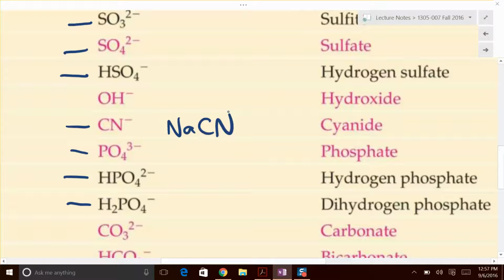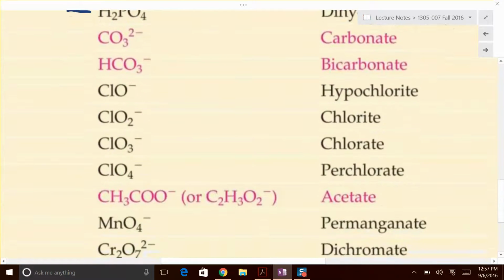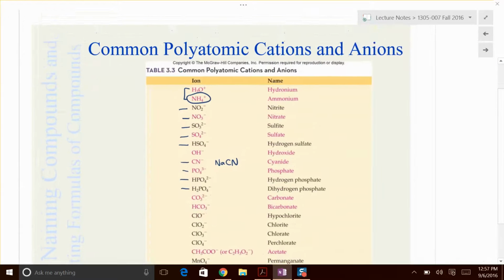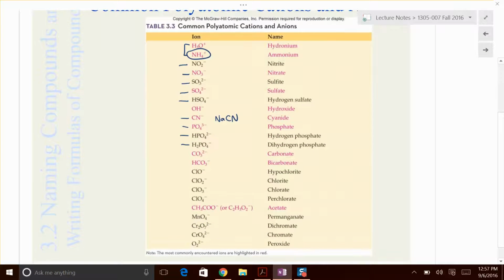That's an example. You just simply use the name they give you. This is the chart you will be given on your test. You'll have these available as a reference. You simply just need to know that's how I put these together. You don't have to memorize it.